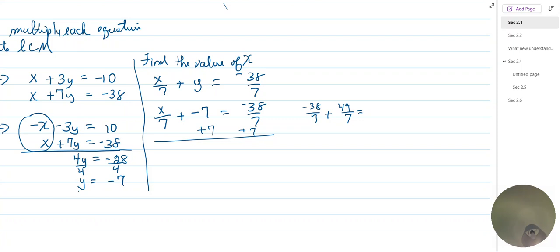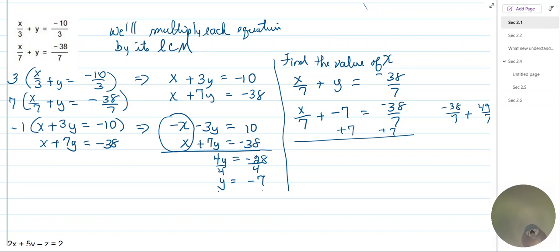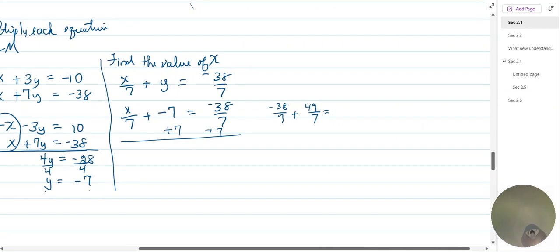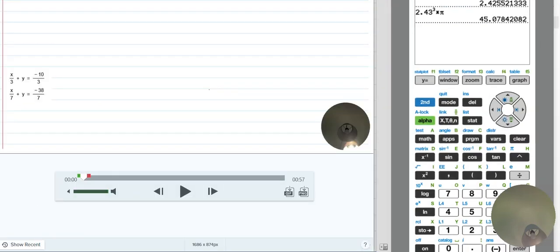So I'm going to end up with, it looks like 11, right? Oh, yes, right. Let me see if I got this right. I got negative 7. I'm going to add 7, 49. All right, it sure looks it, doesn't it? Okay, so 49, and my brain is dead. Sorry about that.